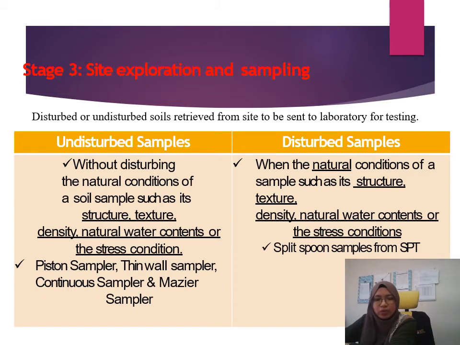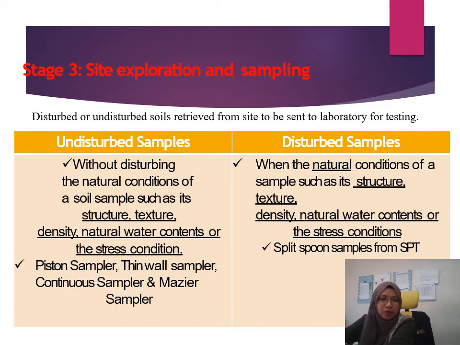We would like to preserve the soil condition as on site, as it is. We do not want to disturb its structure much, right? So it will represent the actual condition of the soil on site. Okay, so it is undisturbed.